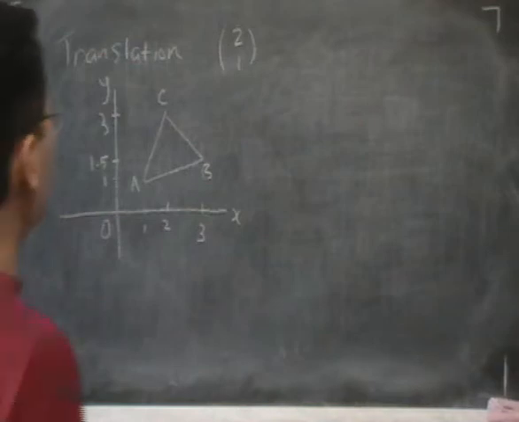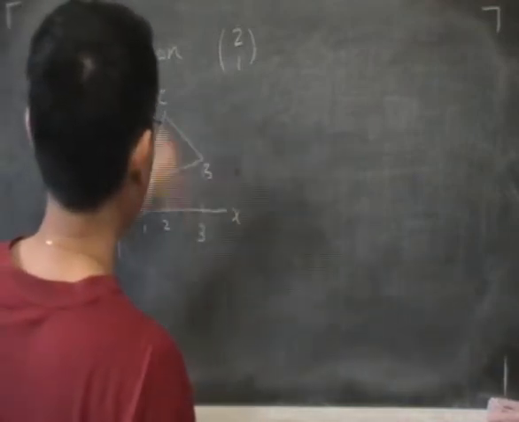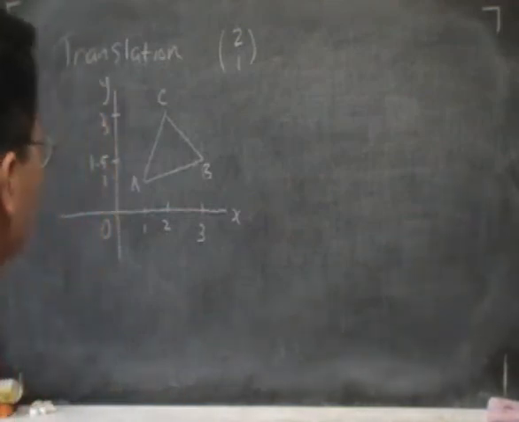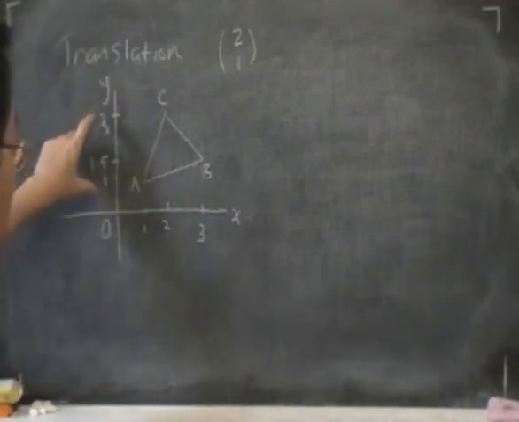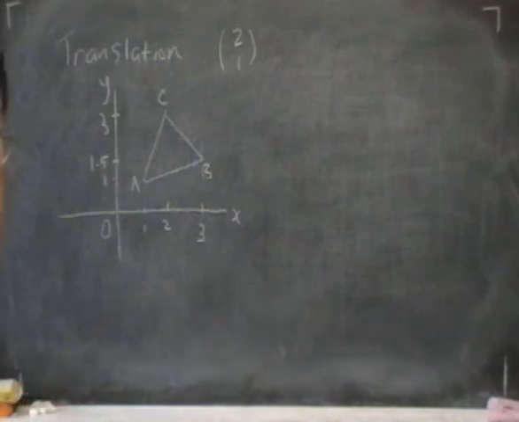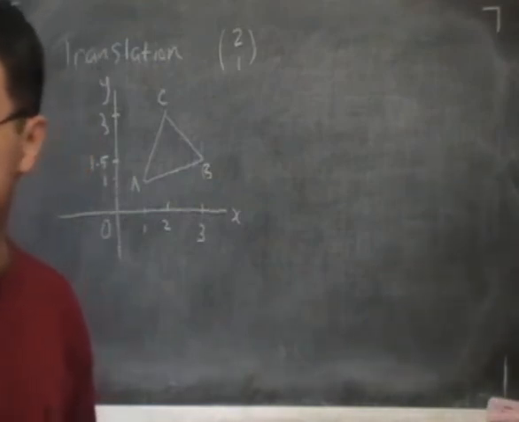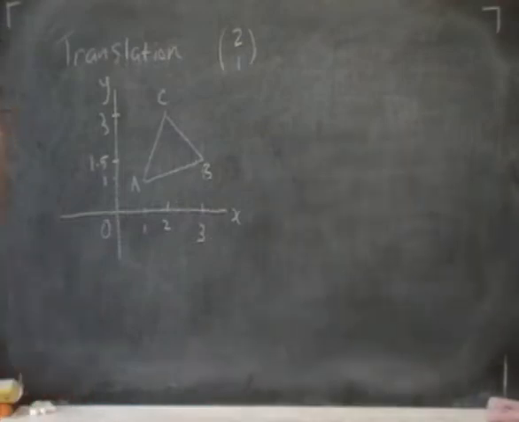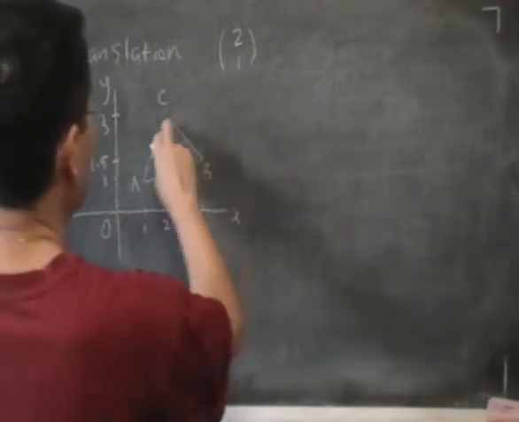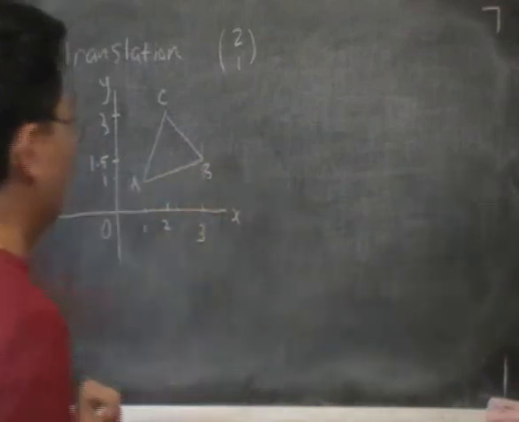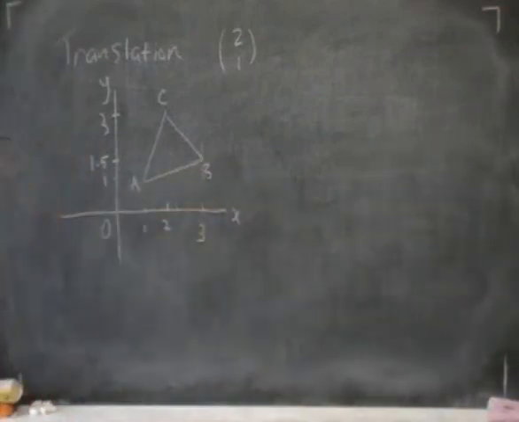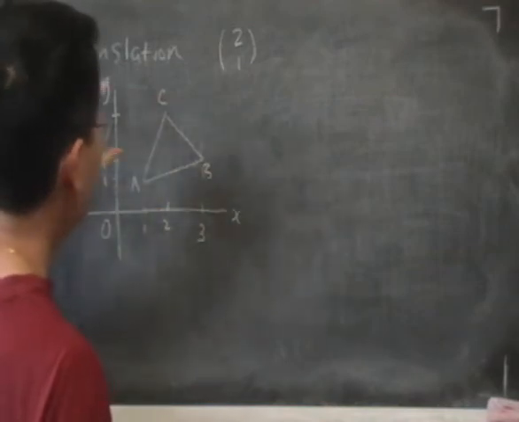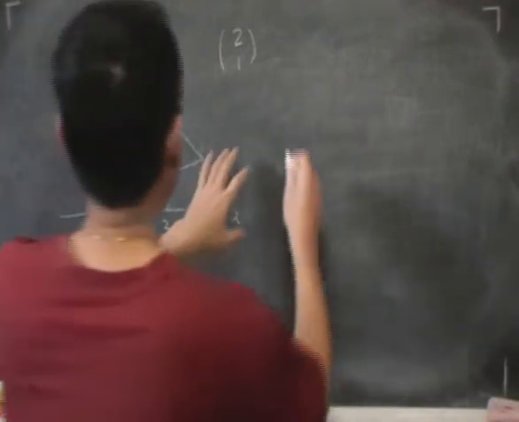Alright? In order to find the new position of this triangle, we would add to these x and y values the translation vector itself.